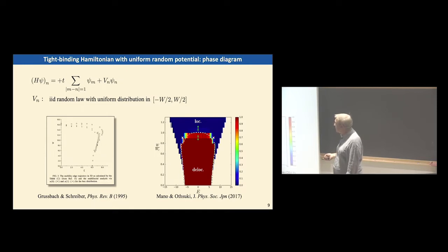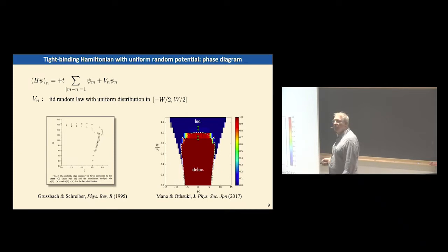So the spectrum is between -6 and +6 for W equals 0, because it's the spectrum of the tight binding Laplacian in 3D. And if you add a potential that varies between minus W over 2 and plus W over 2, you have a spectrum that is between -6 minus W over 2 and +6 plus W over 2.